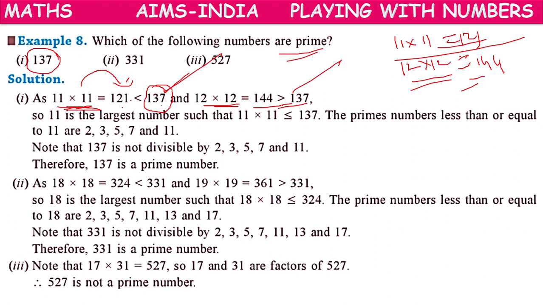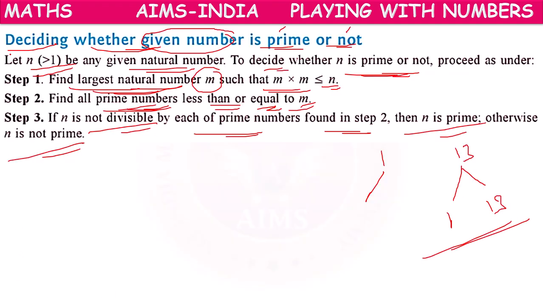So we can take 11. 11 is the largest number such that 11 into 11 is less than or equal to 137. We have to find the largest number which satisfies the condition m into m less than or equal to n, where n is the number which we want to check whether it is prime or not.